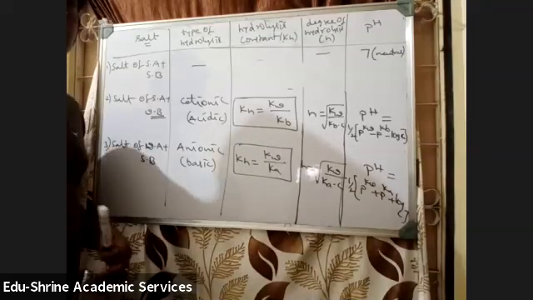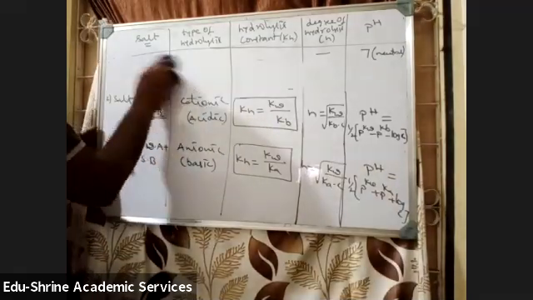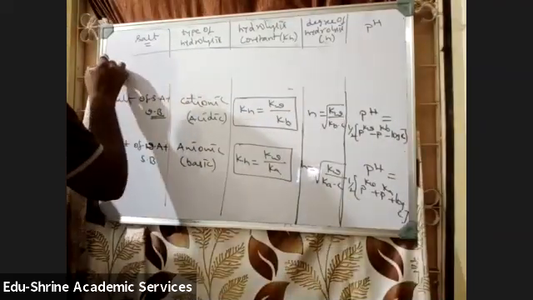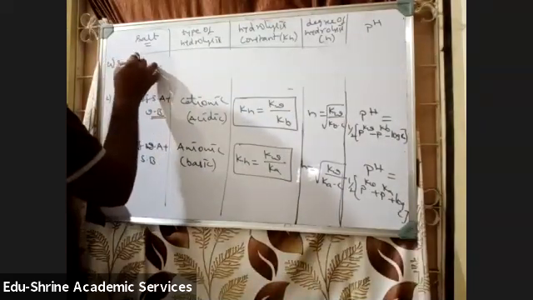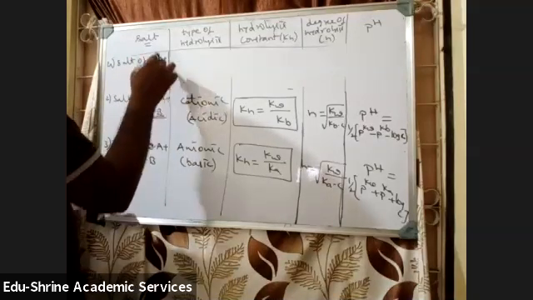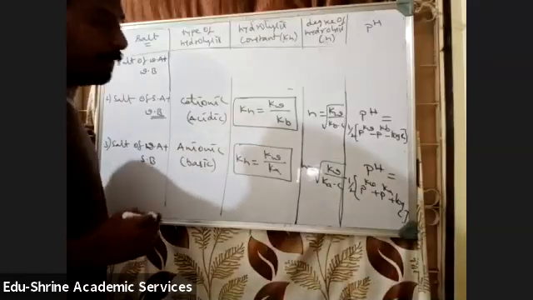Then the last case. I am writing here the last one. Fourth one: salt of weak acid plus weak base.